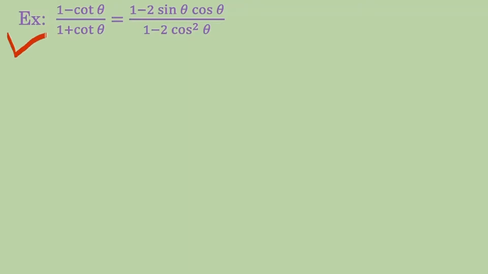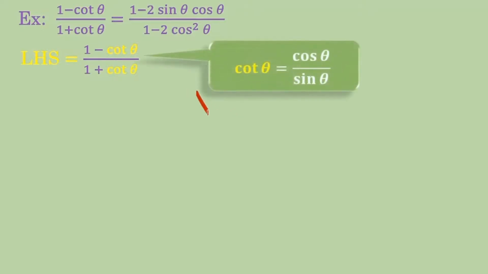Let us take the left hand side of the equation. Let us first convert the left hand side in terms of sin theta and cos theta. We know that cot theta is equal to cos theta upon sin theta.